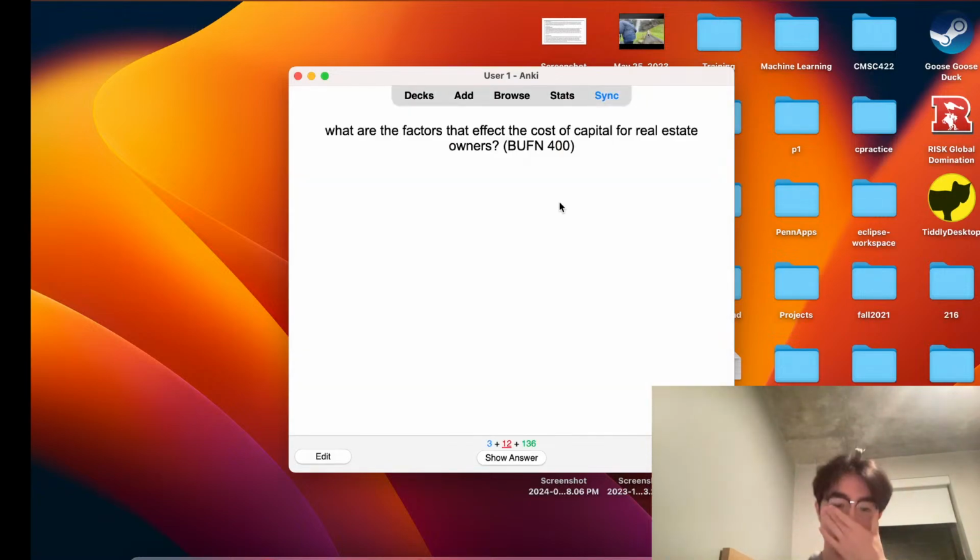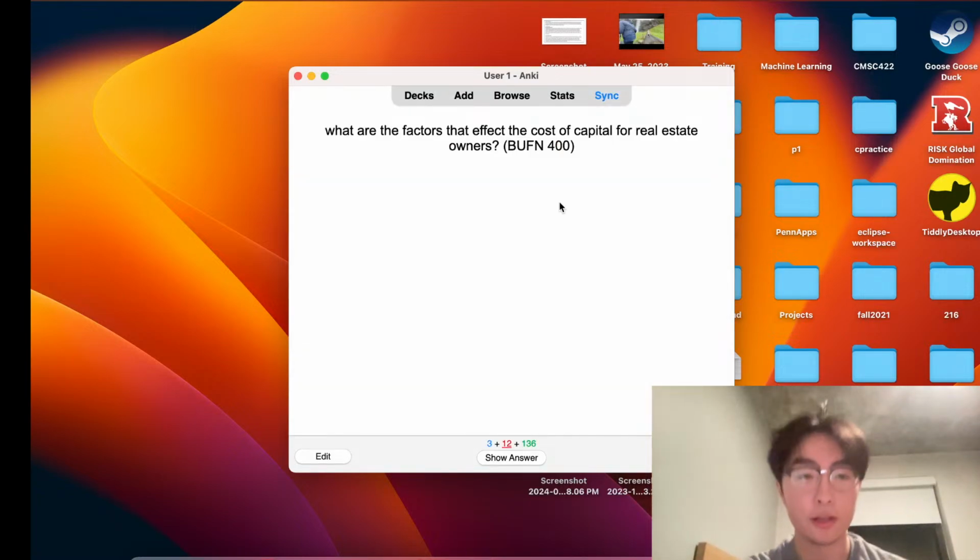What are the factors that affect the cost of capital for real estate owners? So the factors are going to be the appreciation of price for the house. That's one.